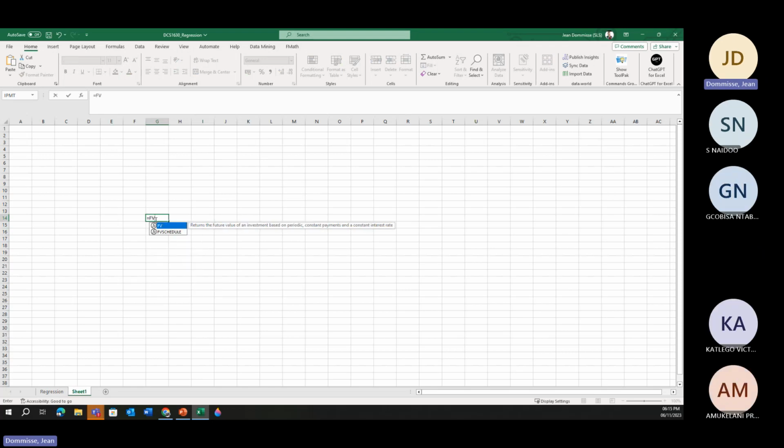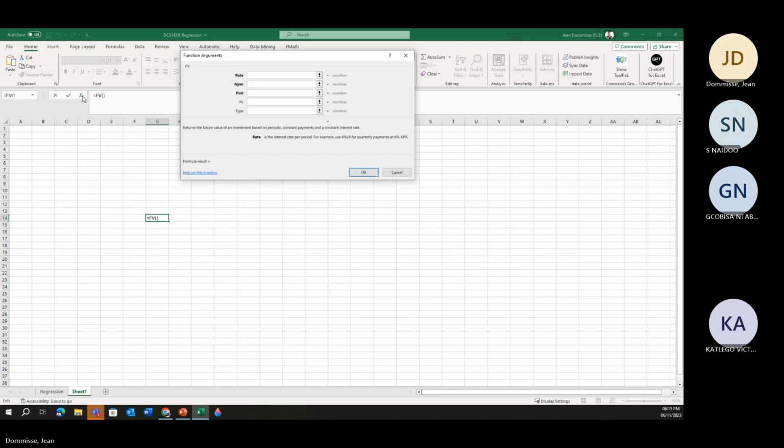But let me quickly show you in your present and future values. When we looked at payments or PMT, it had your present value and future value. If we look at future value, again, it will give you the others that are needed.